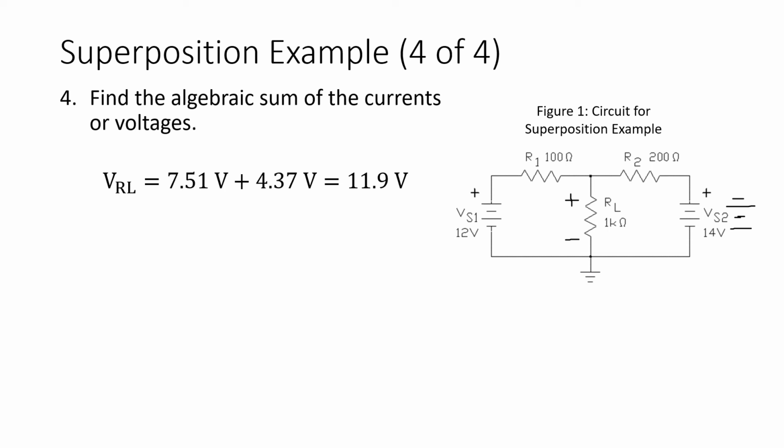This voltage would be negative to positive, and these voltages would subtract from one another instead of being additive. So it's important that when you find the voltages with each source acting independently, you keep track of the polarity of these voltages so that we'll know whether they're additive or one subtracts from the other.